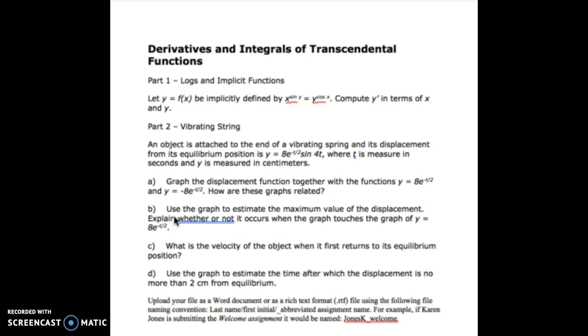In part B, it says use the graph to estimate the maximum value of the displacement. So really I would say on part B, C, and D, make sure that you really zoom into the graph so you can get a good look at the behavior at, say, a local maximum or local minimum, or the time after which the displacement is no more than 2 centimeters.